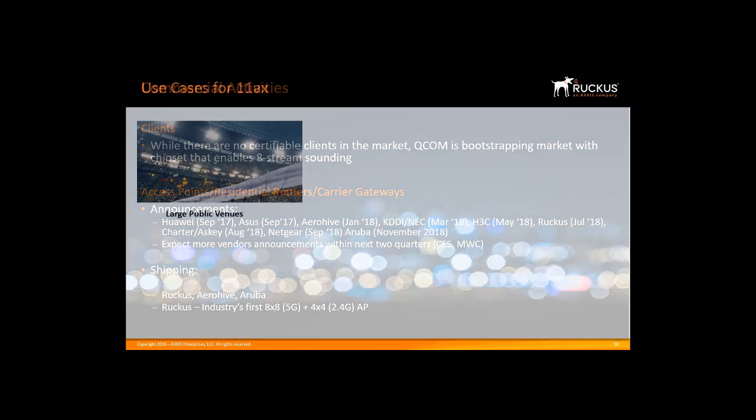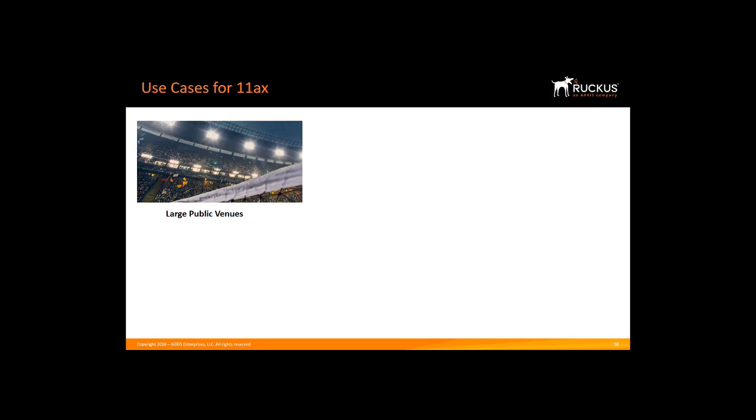The advancements in 802.11ax will benefit a wide range of use cases, but are particularly important for dense environments in which large numbers of users and devices are connecting to the network. Some scenarios that will benefit from advancements in the 11ax standard are large public venues. Stadiums and convention centers are common large public venues that increasingly offer Wi-Fi to improve fan or attendee experiences, increase customer interactions, and create value-added services such as showing instant replays on fan devices or allowing attendees to order food from their seats.